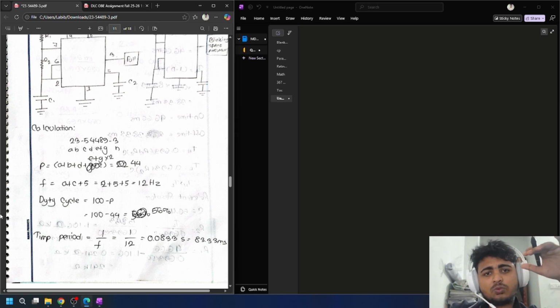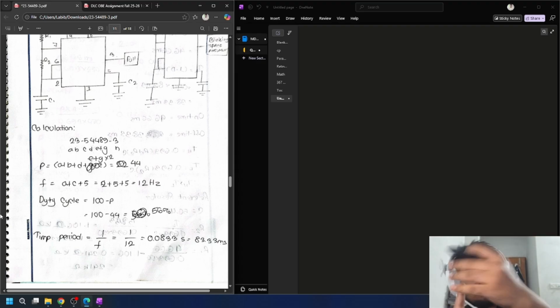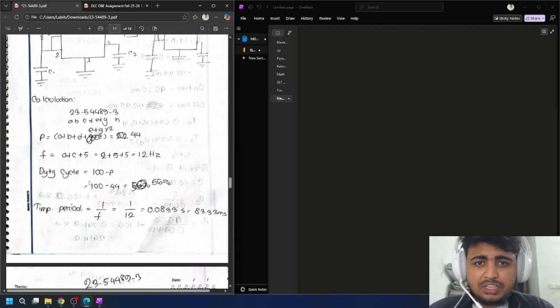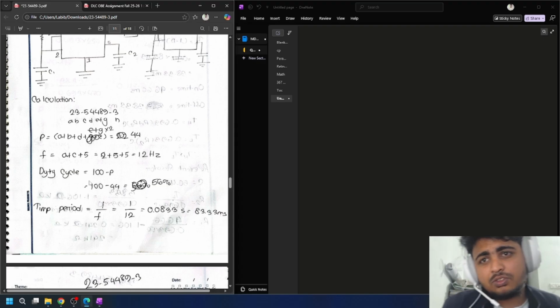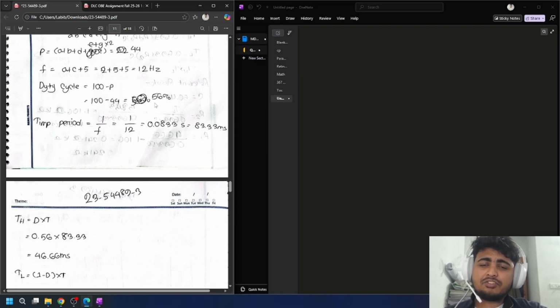How the duty cycle works is that we subtract the P value from 100, which gives the percentage of the duty cycle, and the time period is 1 by f. That means we inverse the frequency to get the time period. For high time we got the percentage here, 56%.